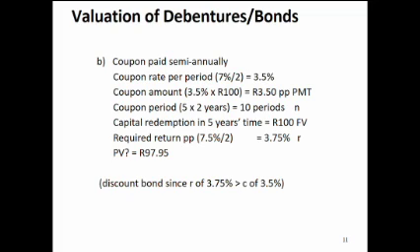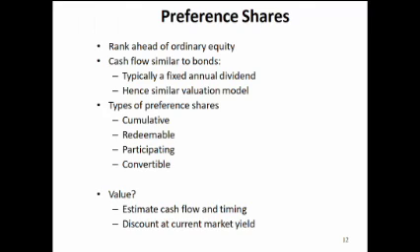So now that we have looked at how to value debentures and bonds, let's move on to preference shares. So when we look at preference shares, we need to remember that in the event of liquidation, our preference shareholders are actually paid before our ordinary shareholders. So preference shares are actually ranked ahead of ordinary equity.